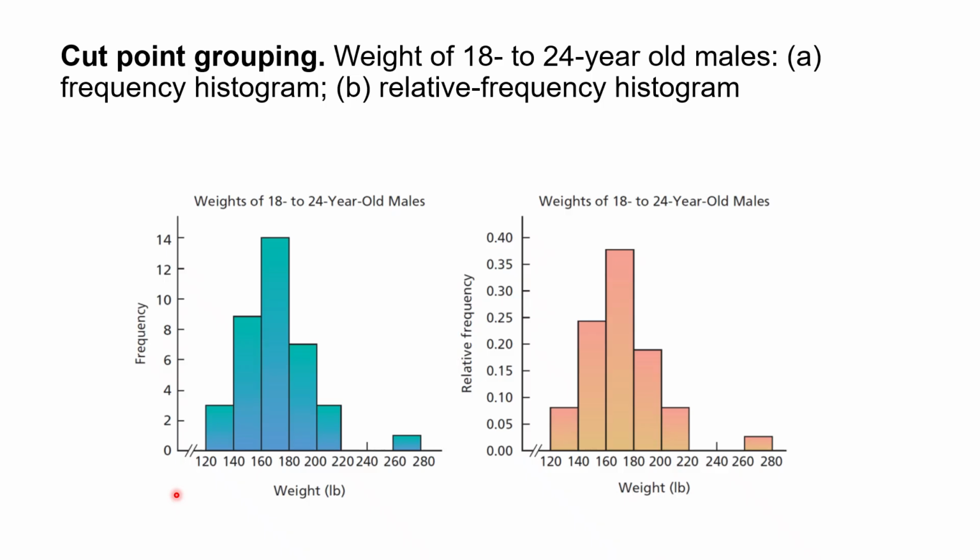Now, we can make these modifications, but we have to indicate the fact that they have been made. And the reason why it was okay to make it on this is because obviously there are going to be no males, or generally no males between 18 and 24 that have no weight to them. They probably would be dead.